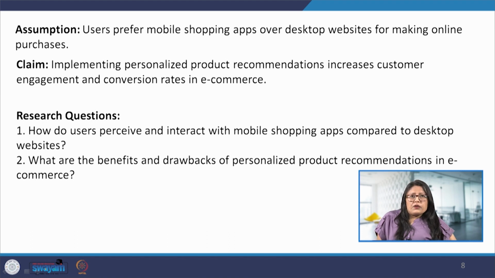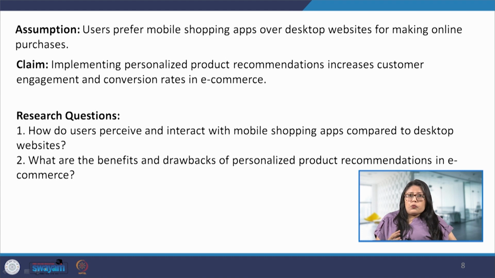Now here we can form research questions, such as: how do users perceive and interact with mobile shopping apps compared to desktop websites, or what are the benefits and drawbacks of personalized product recommendations in e-commerce. So you see that we are now able to explore both the assumption and the claim.